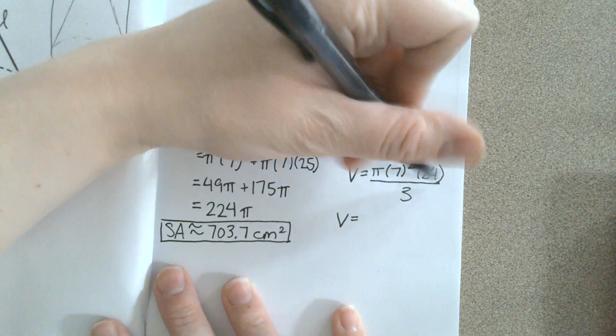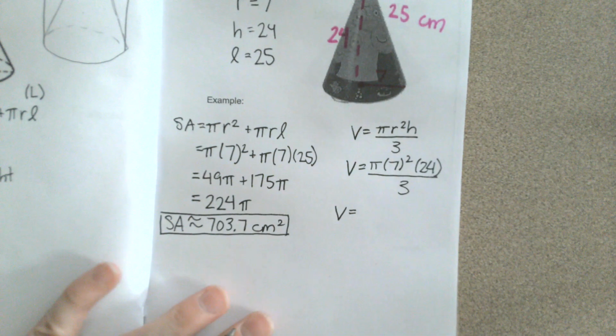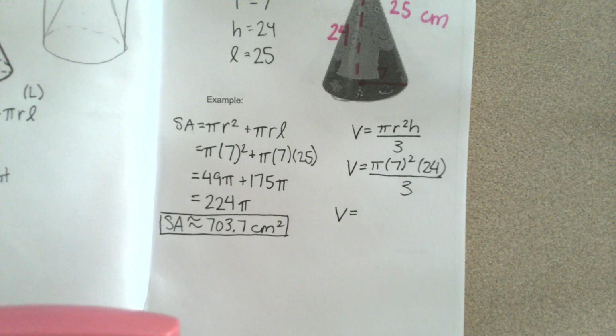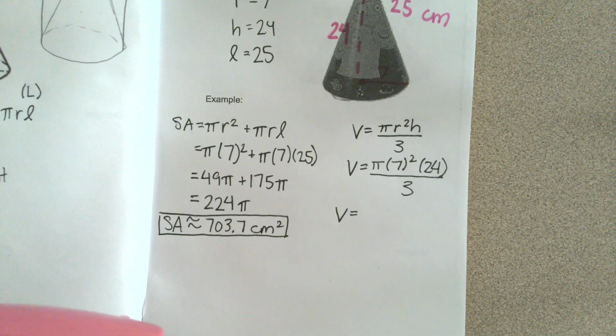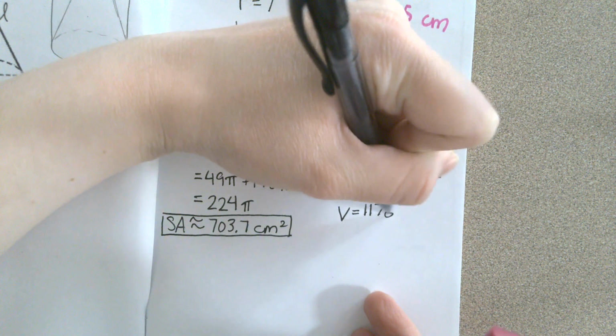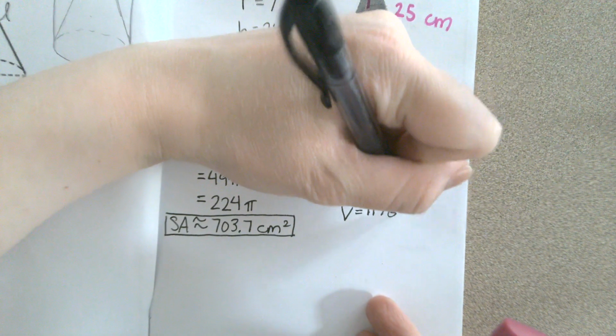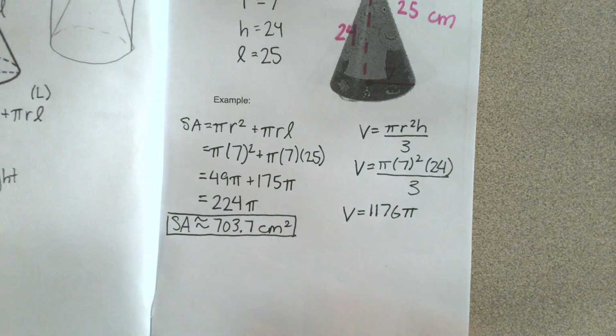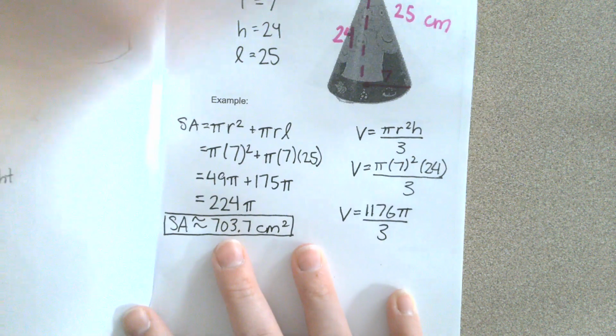V equals, I'll simplify this once more. 7 squared is 49. 49 times 24 is 1,176. Don't forget the pi. I haven't multiplied that in yet. Over 3.